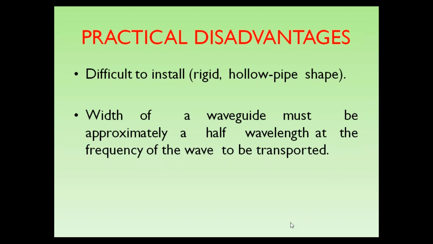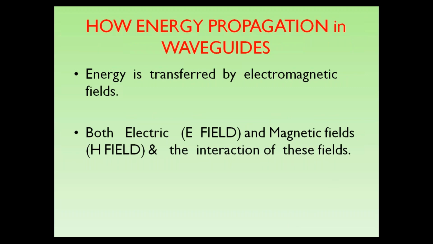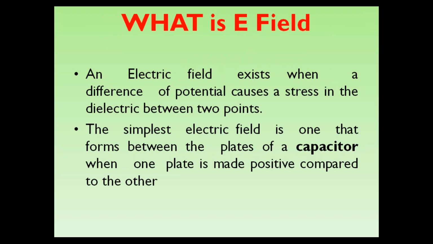Now let us see how energy propagates in waveguides. Our energy is always in the form of an electromagnetic wave. So we have both the electric field and the magnetic field, and the superimposition of the electric field and magnetic field together forms your electromagnetic energy. So what is the E field? As we saw in units 1 and 2, an electric field exists when there is a difference of potential causing a stress in the dielectric between two points.